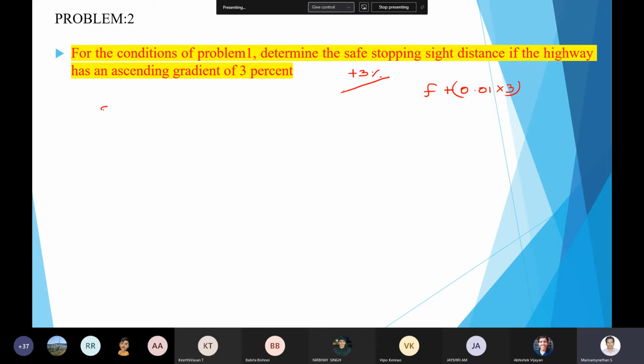Let me explain the equation once again. Stopping sight distance is equal to 0.278 into V into reaction time plus V square divided by 254 into friction plus or minus 0.01 gradient.